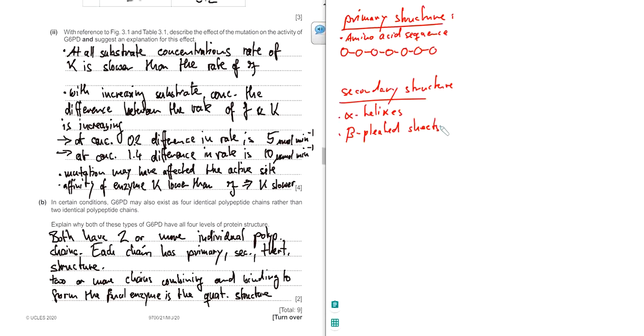Two very common structures where neighboring amino acids form hydrogen bonds to get into these structures.